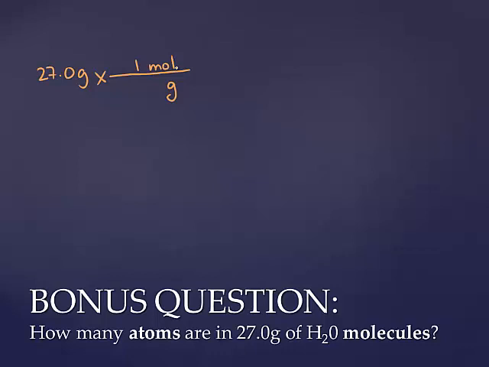For water, the molar mass is 18.02, which I happen to have memorized because I use it so often, but it comes from the fact that there are 2 hydrogens, which each weigh 1.01, and 1 oxygen, which weighs 16. Make sure you can do that molar mass calculation because otherwise the whole game is going to fall apart before it even gets started.